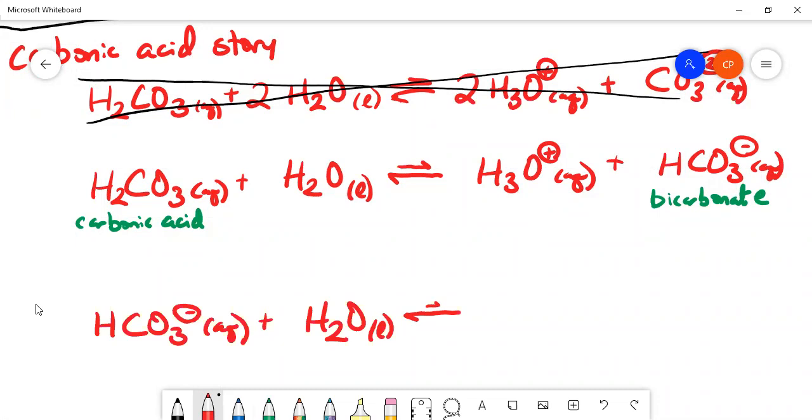It's much less likely to happen. But when it does happen, it does give me H3O plus and CO3 2 minus.